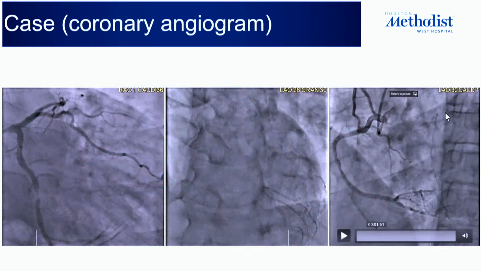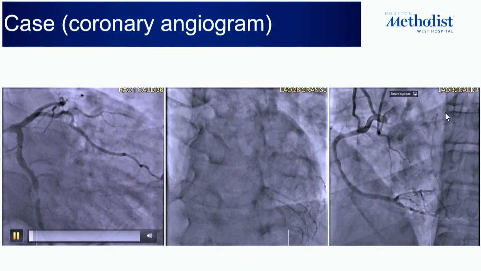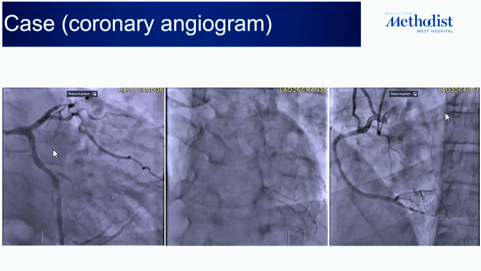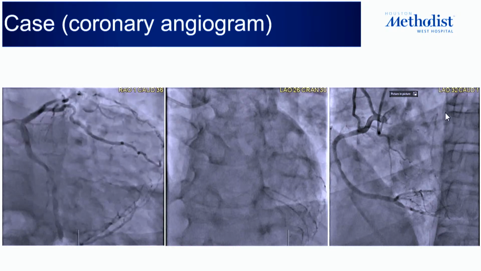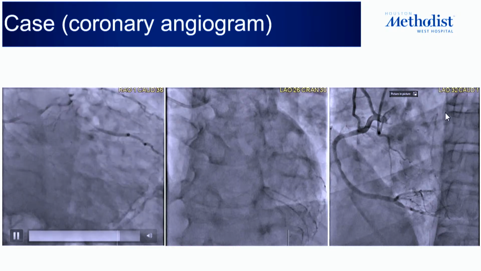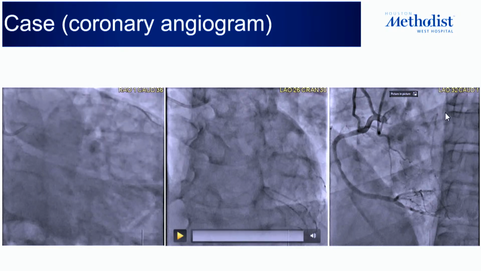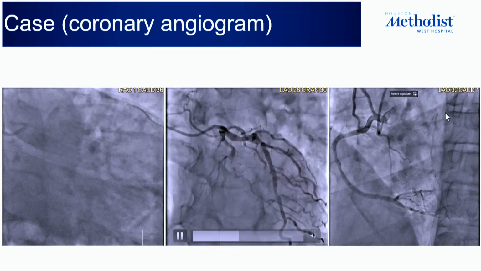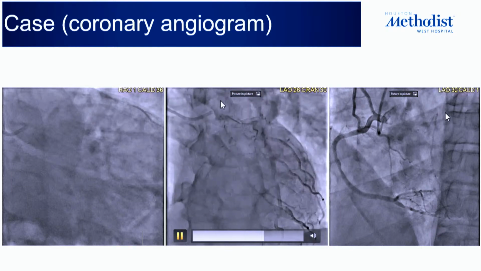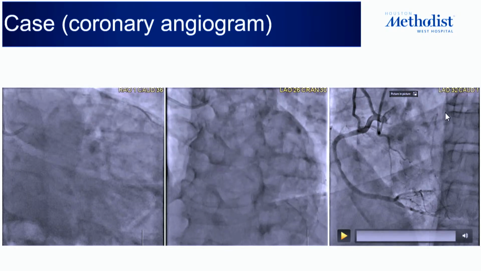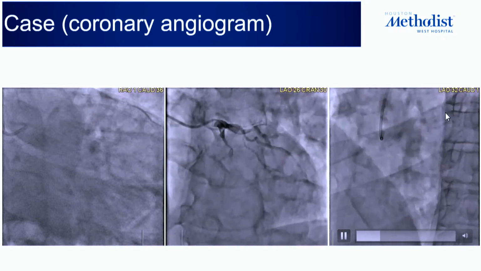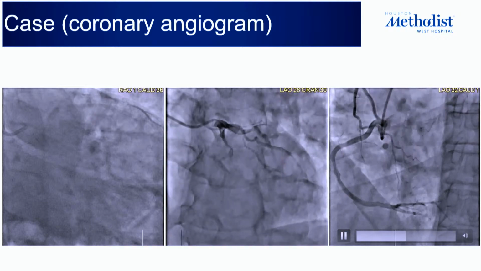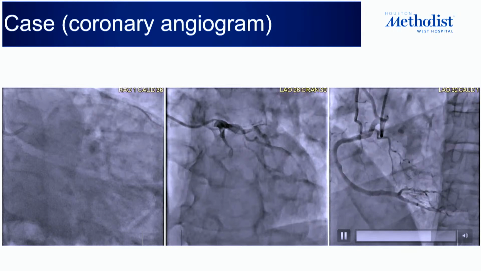So we have coronary angiogram. We have severe circ lesion in the middle, LAD CTO, and RCA mild disease. So this patient eventually received CABG.